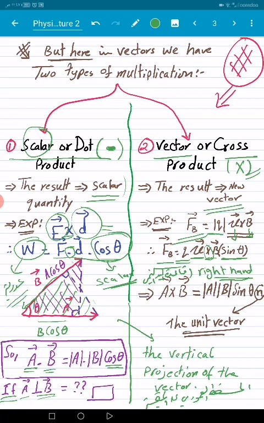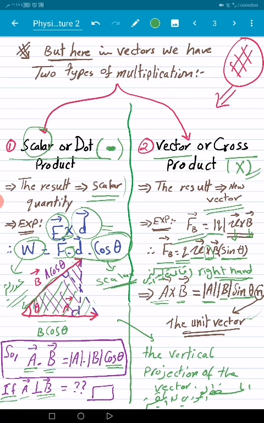So A vector cross B vector is equal to the magnitude of A multiplied by the magnitude of B sine theta, where theta is the angle between A and B, times n, the unit vector, which means the direction of the new vector. So here I answer this question.